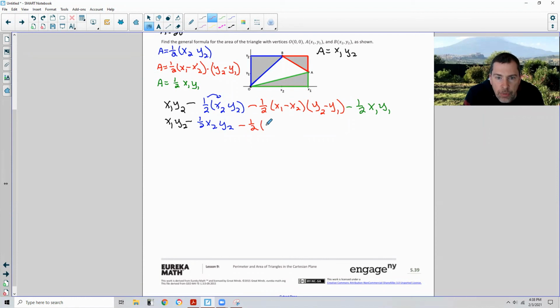X sub 1 times y sub 2. There's F, FOIL. Outer, positive times a negative is negative. X sub 1 times y sub 1. Inner is minus times a positive, so it's negative. X sub 2 times y sub 2. Okay, so this is just basic foiling. And then negative times a negative is positive, x sub 2, y sub 1.